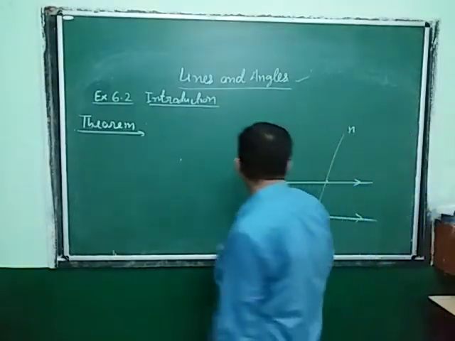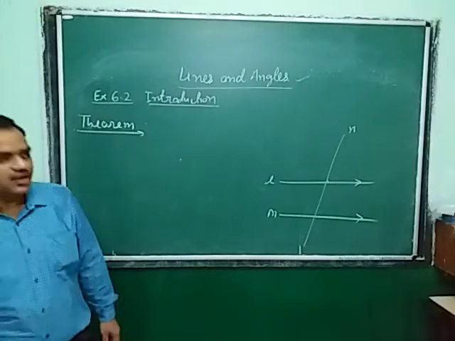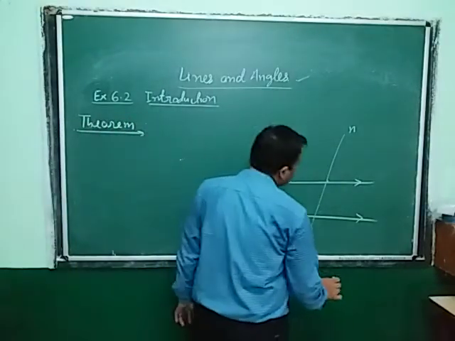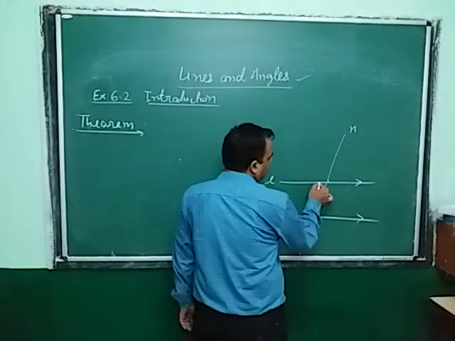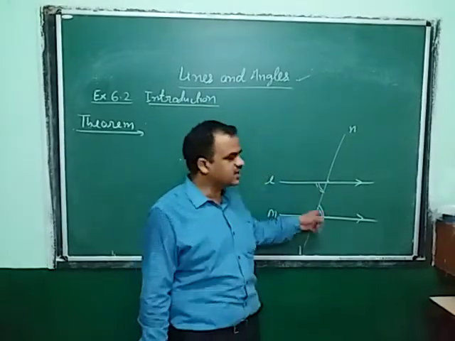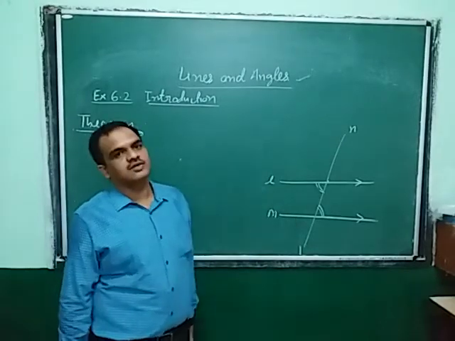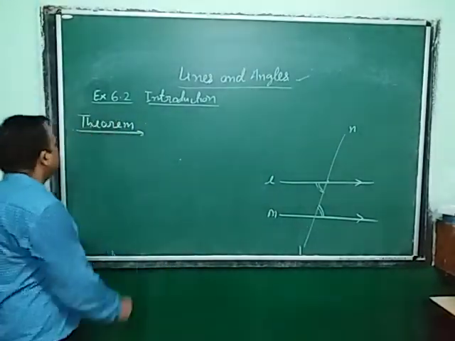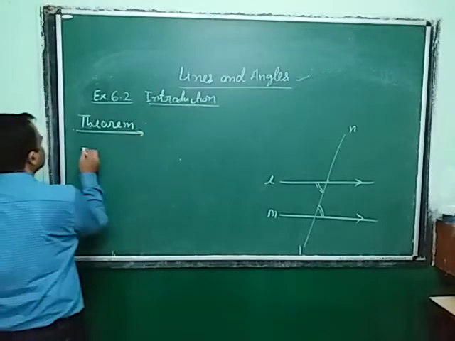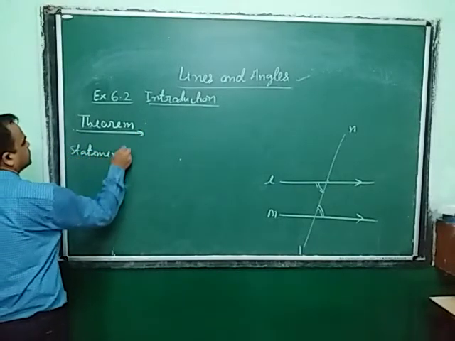Then in that case, the pair of alternate interior angles are equal. What I mean to say is, as you have seen, this angle and this angle, these two angles are alternate interior angles, then alternate angles are equal. So, if you are interested in writing the statement, you may write it.